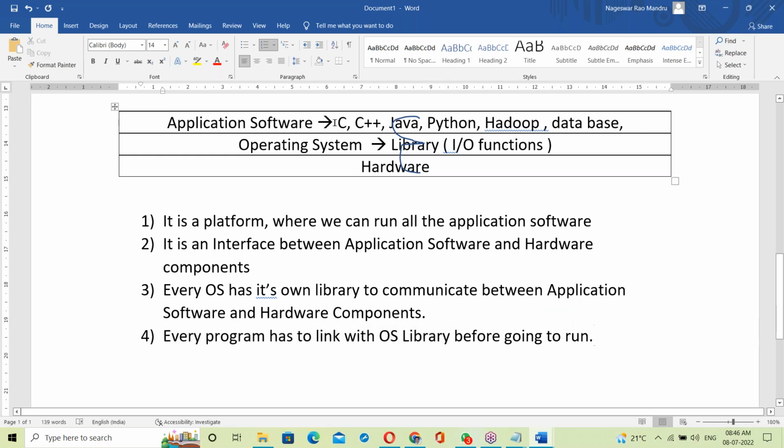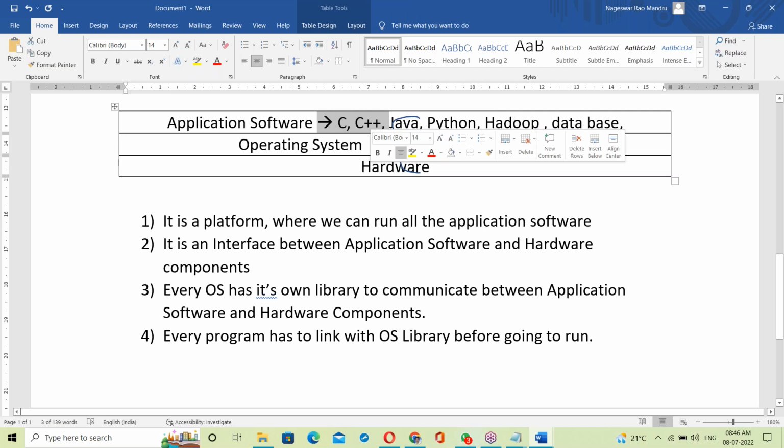That link may be static linking or dynamic linking.